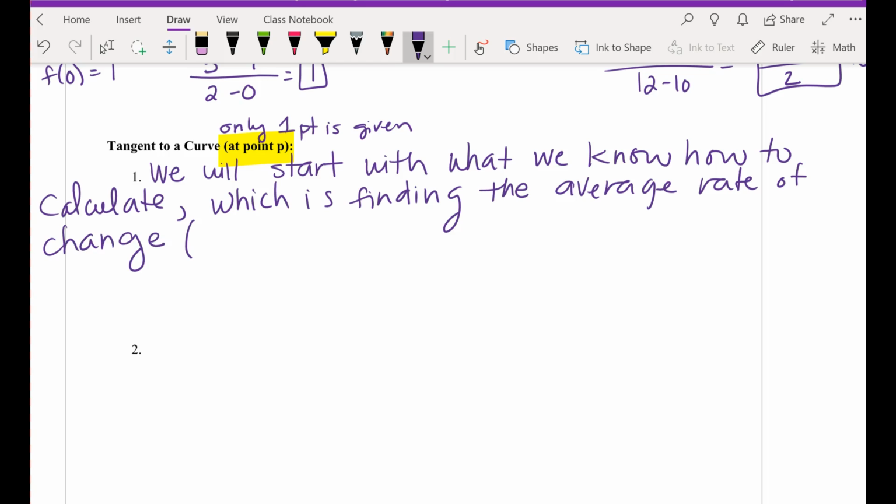By the way, average rate of change, aka, what is it called? Slope of what? Slope of the secant line, right? Because that would be different from the slope of the tangent. Okay.